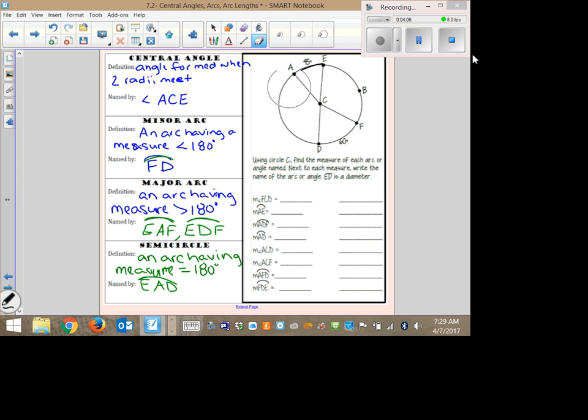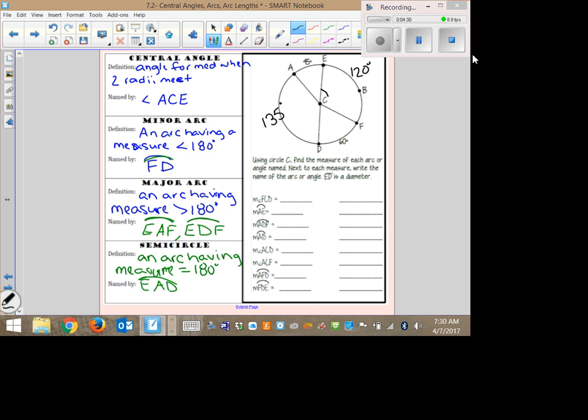So arc AD is 180 minus 45, because AE is 45, to get 135 degrees. Same thing on the other side: E through B and F to D is a half circle, so we take 180 minus 60 to get 120.